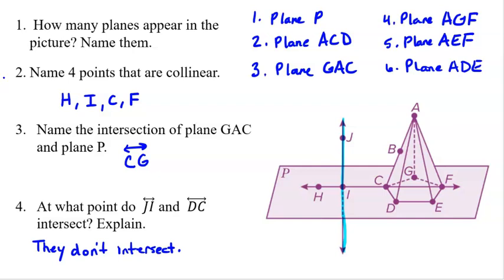We can also see that they're not going in the same direction, so they're not parallel. These are going to be skew. Okay, so they don't intersect. These lines would be example of skew lines.